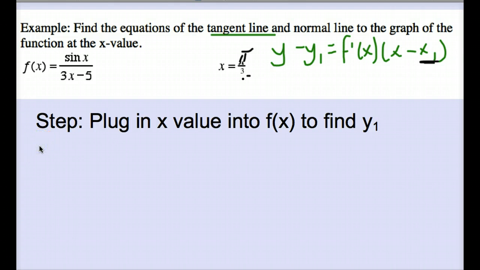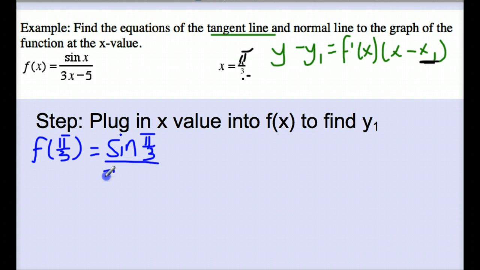Let's go ahead and do this. I am going to take f of pi over 3 and plug it in. So sine of pi over 3 over 3 times pi over 3 minus 5.